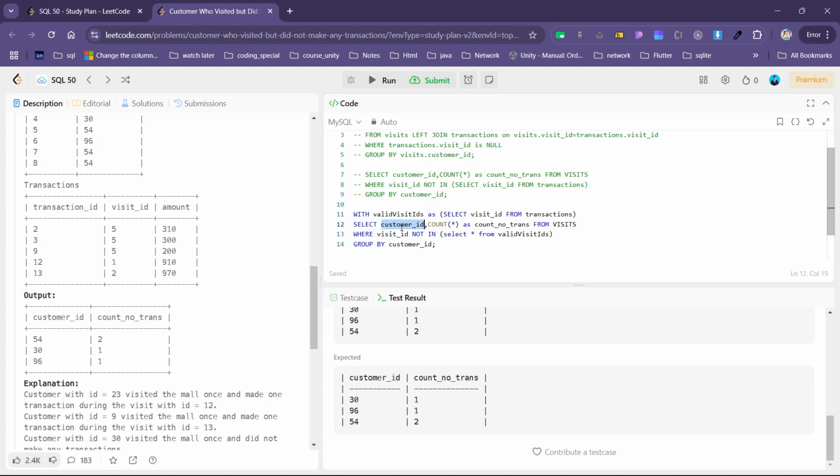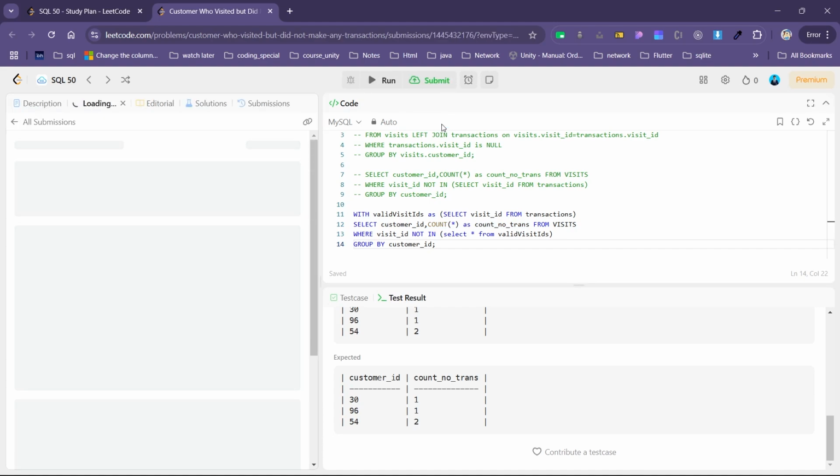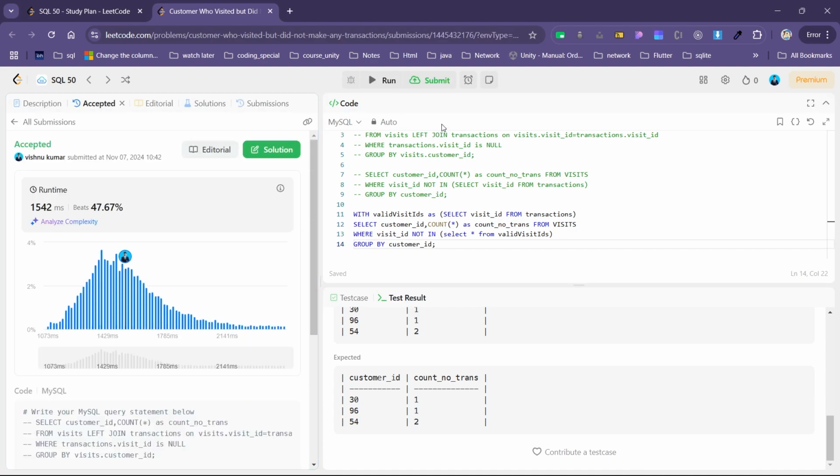Now we will select customer ID and the count as count no transaction from visits table, and in the visits table we check if the visit ID is not in this valid visit ID, which means that the customer didn't make any transactions, and we will group by customer ID, and that group result we will count and store as count no transactions. So this solution also got accepted.